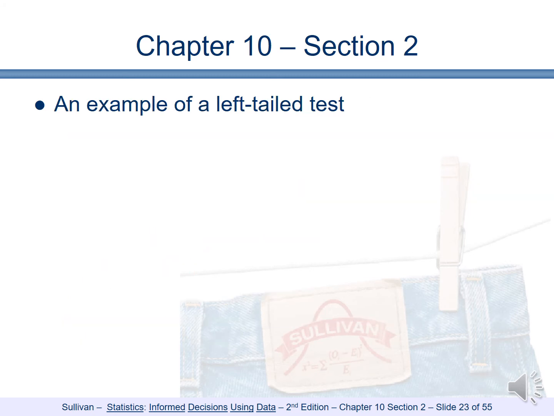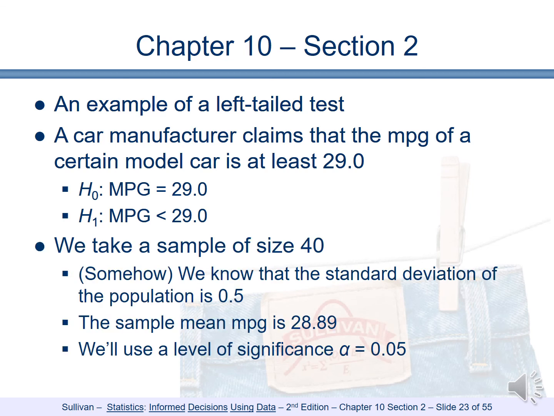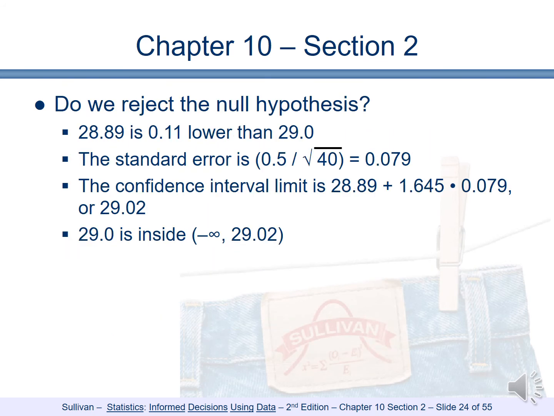All right, left-tailed test. We're back to that car. There it is. Same information. So do we reject? Well, we have 28.89 plus 1.645 times 0.079.